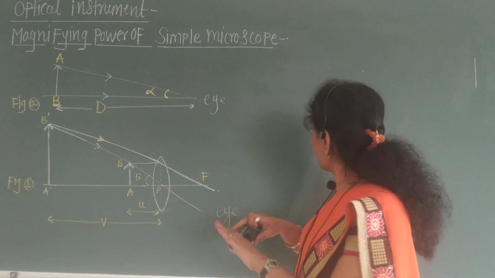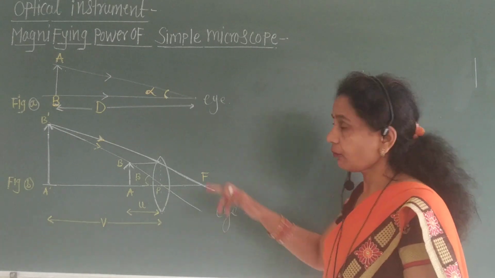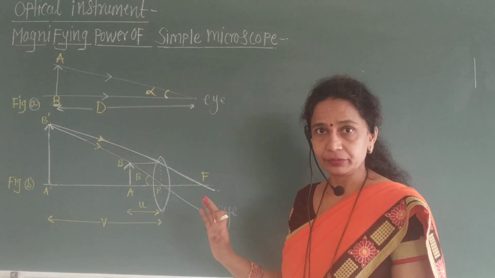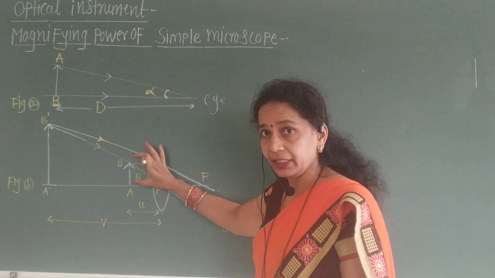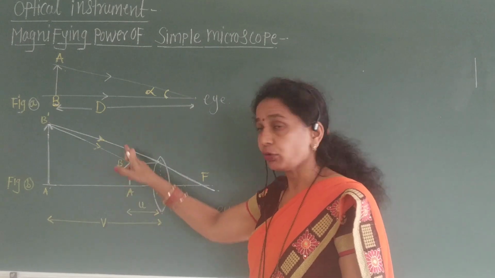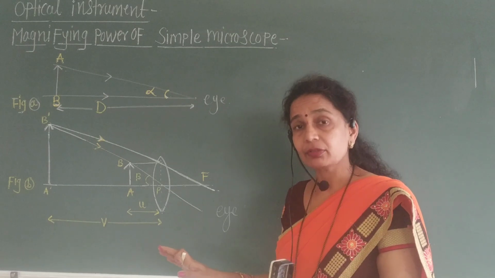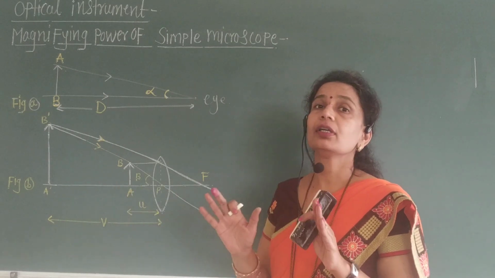Here consider that a convex lens is kept here and the object is kept here. AB is the object which is kept within the focus of the lens.